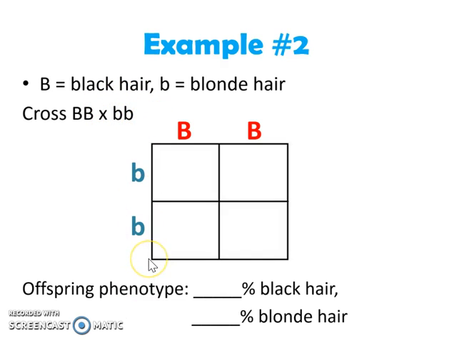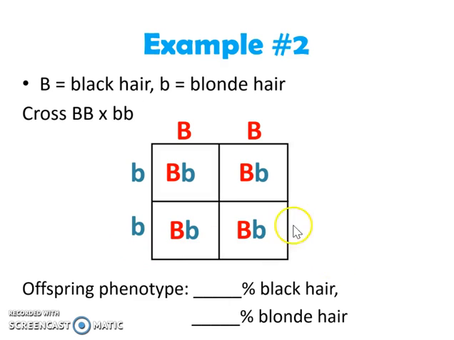This one is represented by blue. I'm going to do this one a little faster. We're going to bring big B from the top, little b from the side, for each of the four squares.